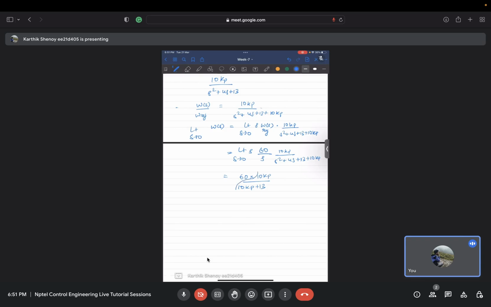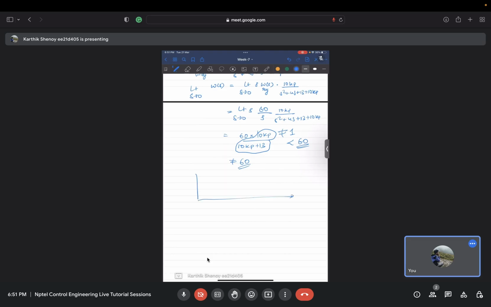Now this part is not equal to 1, which means this is not equal to 60. It will be less than 60. Depending on the damping it will go like this and come to this, but there will be a finite gap here. It won't be equal to 60.